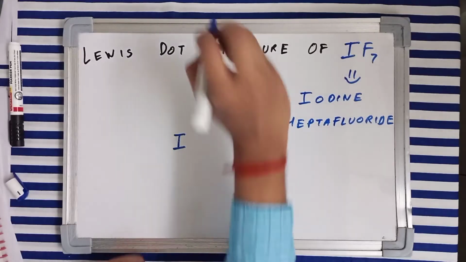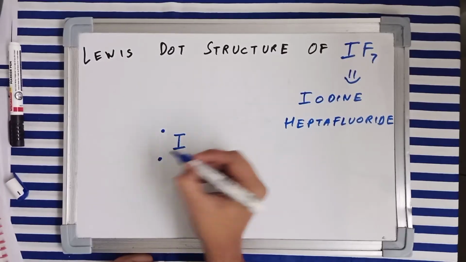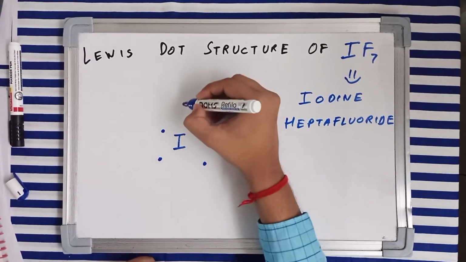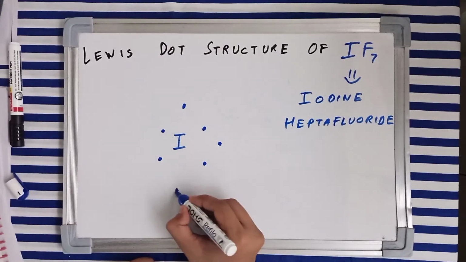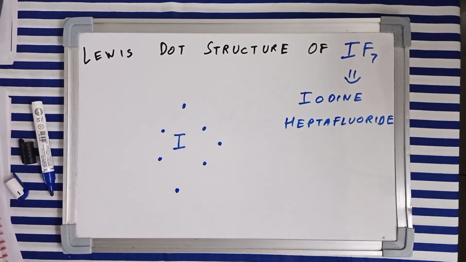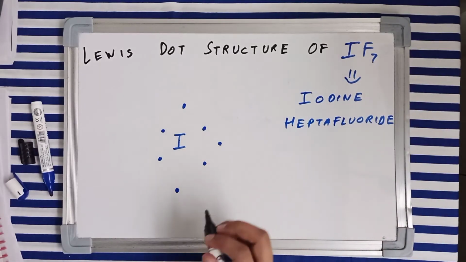So you've got 1, 2, 3, 4, 5, 6, and a 7. And fluorines, you have got 7 fluorines, and each fluorine has also got 7 valence electrons and just a single unpaired electron, which is why it is going to make just a single bond with iodine.